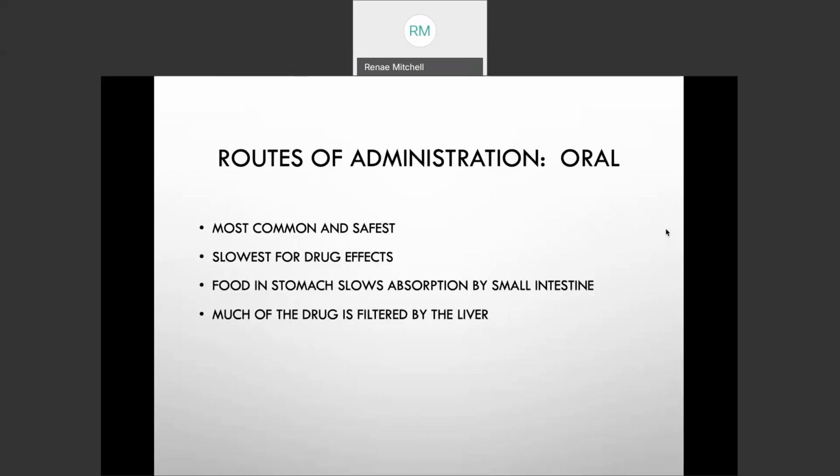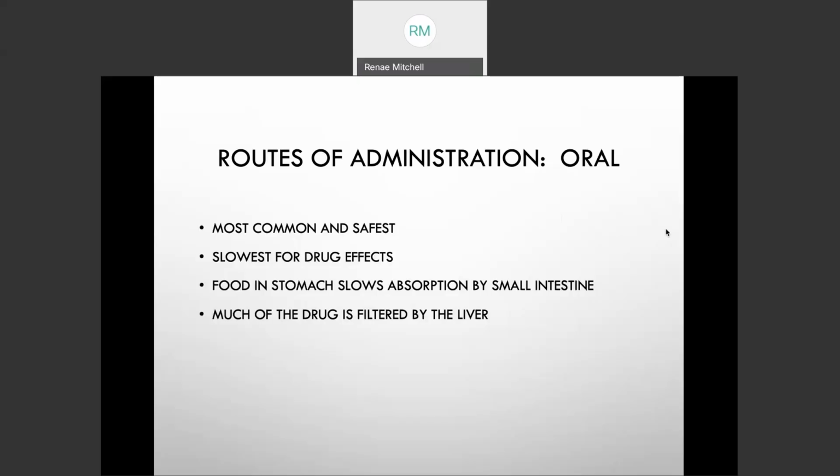That's because the drug has to move through our digestive system. So there are many different ways that that has an impact on the efficacy. One is that food itself, just physical food in the stomach, slows the absorption of the drug through the small intestine.